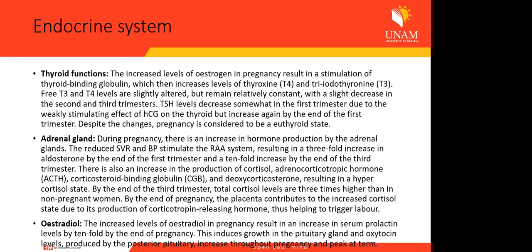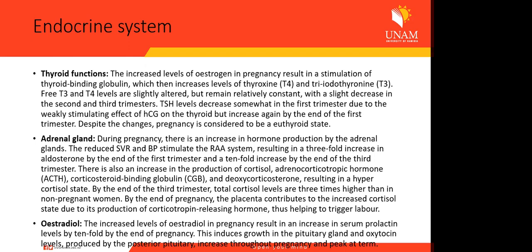The endocrine system is not spared. There's increased thyroid function, and this is due to the estrogen-induced stimulation of thyroid-binding globulin, which leads to increased levels of thyroxine and triiodothyronine, T3 and T4.